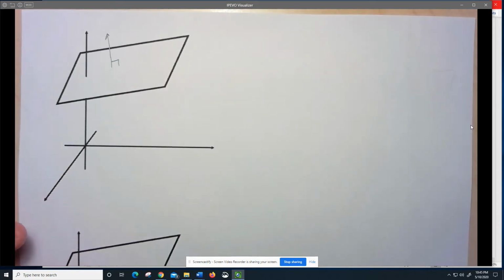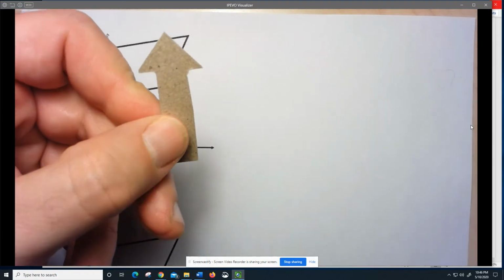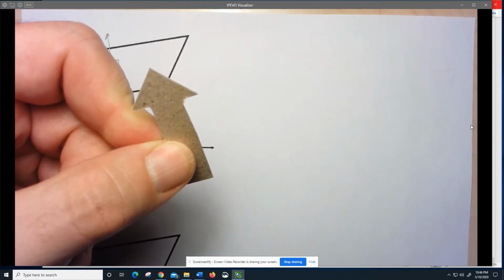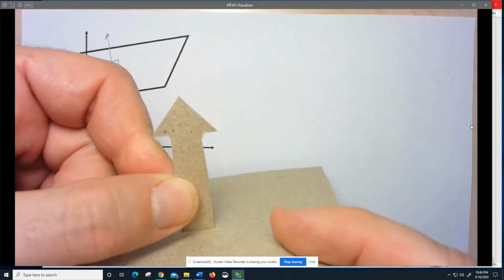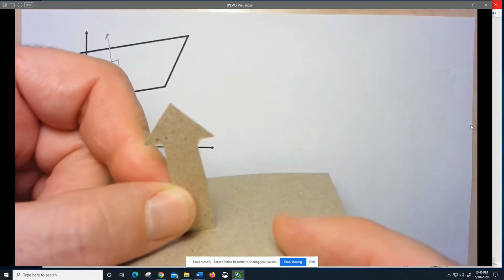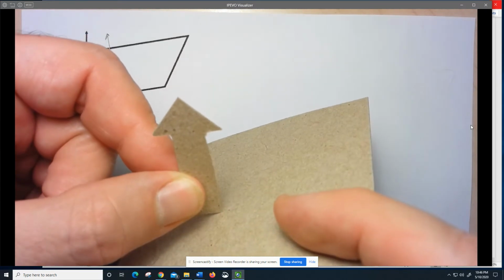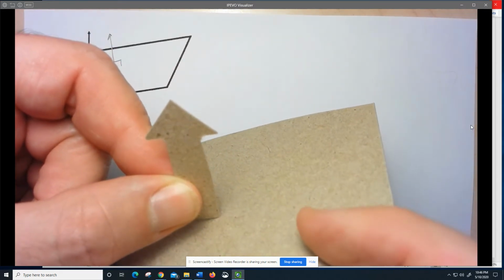Now the reason why this is going to work is that if I have some vector, I realize that if you look at it, this plane is not perpendicular. This plane is not perpendicular.